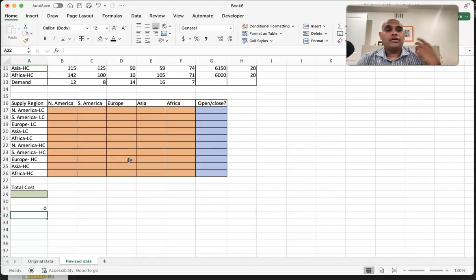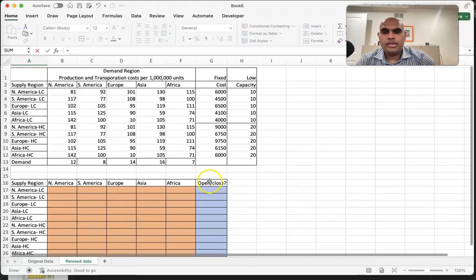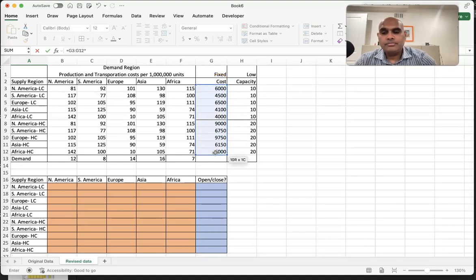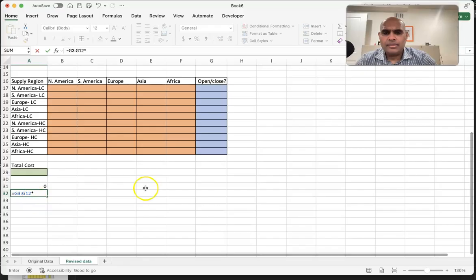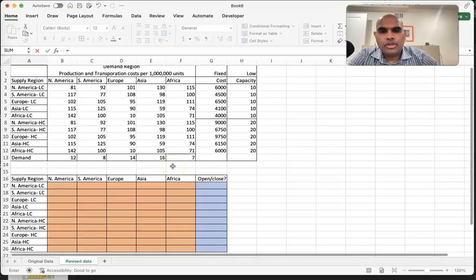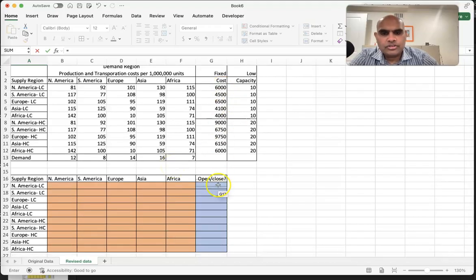And obviously, if you're calculating fixed cost, it will be all the fixed cost numbers, right? Times the corresponding open close variables. Now this is not a formula, right? I was just trying to show you something. So even here, you're going to multiply 6,000 with this number.